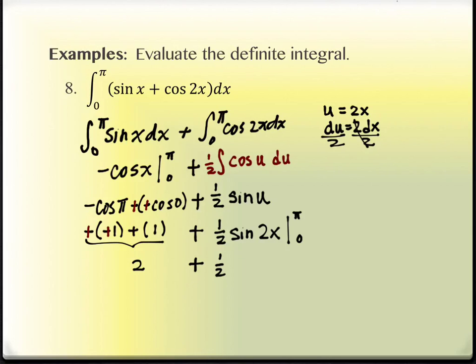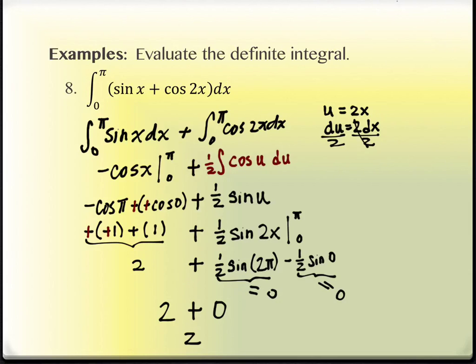So now I have 1/2 sine of 2 pi minus 1/2 sine of 2 times 0, which is 0. All right, so what is the sine of 2 pi? It's 0. What is the sine of 0? It's 0. So my answer of 2 plus 0 then would just be the 2.